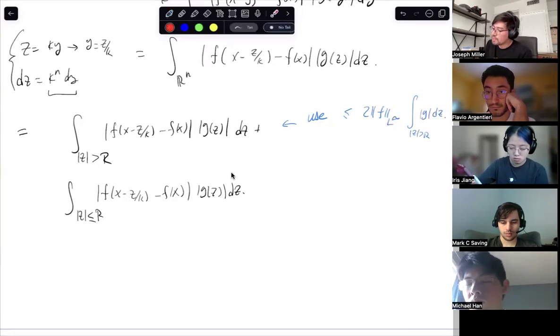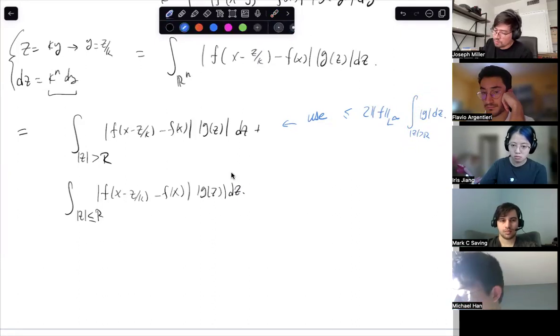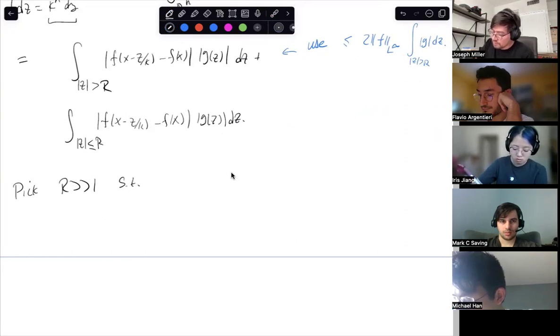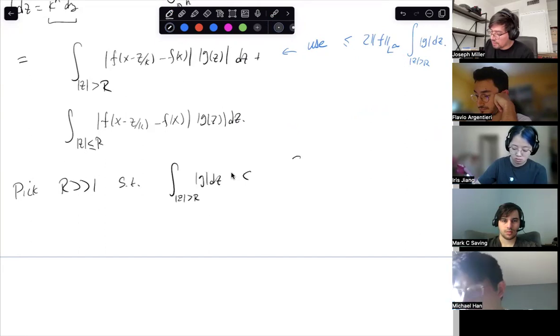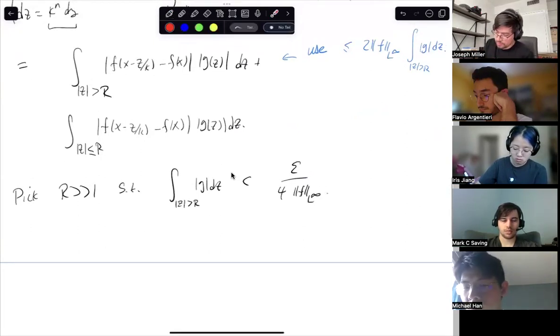Since I'm taking a fixed function and I'm allowed to move around r, I can pick r large enough so that this whole thing, because g is integrable, is less than epsilon. So pick r so big such that this first term, the integral of z greater than r of g dz, is less than, let's say, epsilon over 4 f in L infinity, right? So that makes this term less than epsilon over 2.